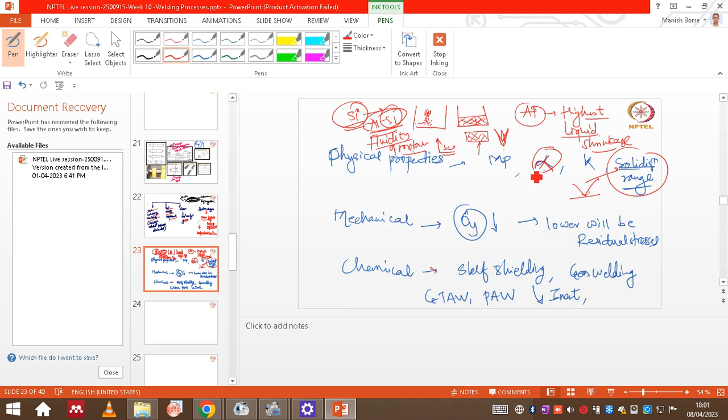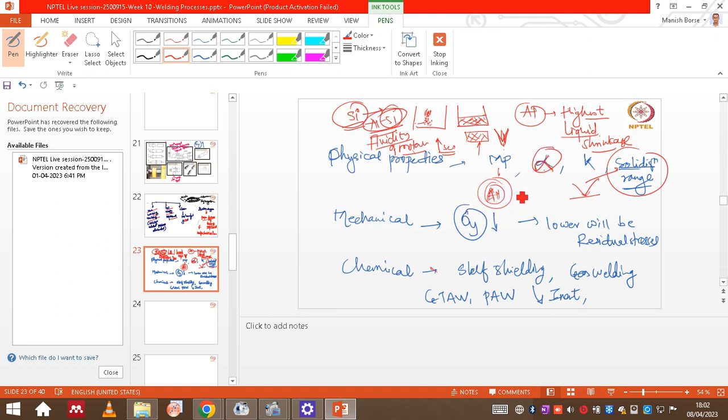But again, this is not always the case, because if we consider aluminum alloys, they have a lower melting point, right? So still they are difficult to join, because they have higher alpha, higher K, and in the wrought alloy specifically it has a longer solidification range, right? So though MP and sigma y are less, aluminum can't be joined effectively through the fusion welding process. Okay.